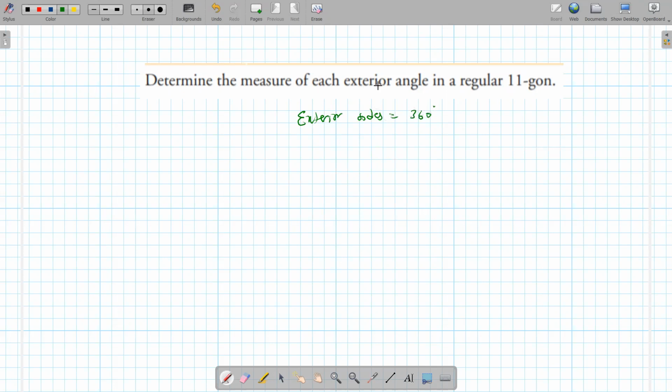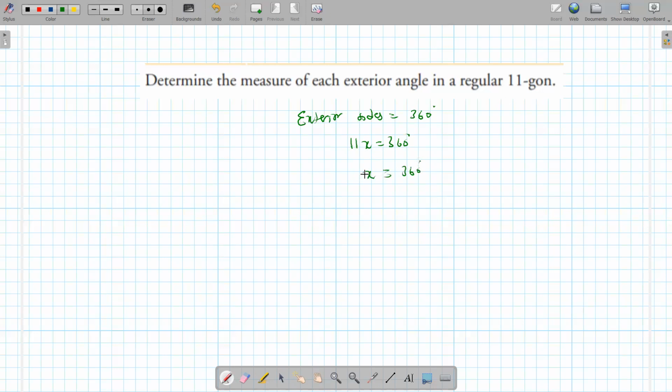It's asking us, what's the angle for each side? We know there are 11 sides, right? So for the individual angle, we say 11x equals 360, where x represents each individual angle and 11 is the number of sides.